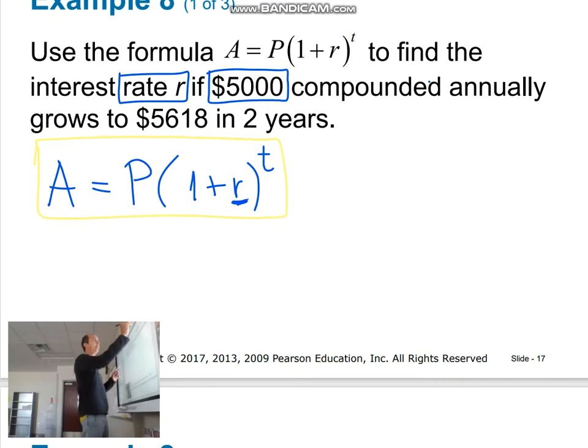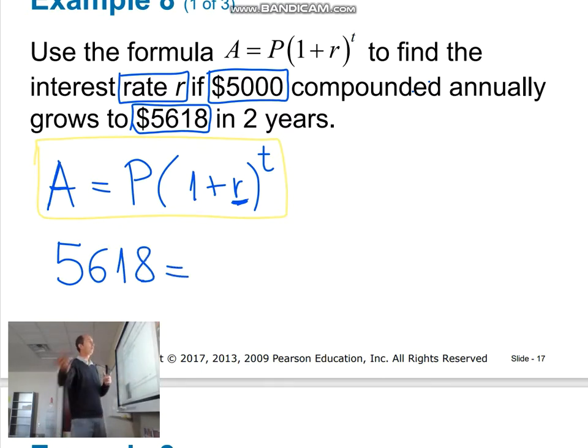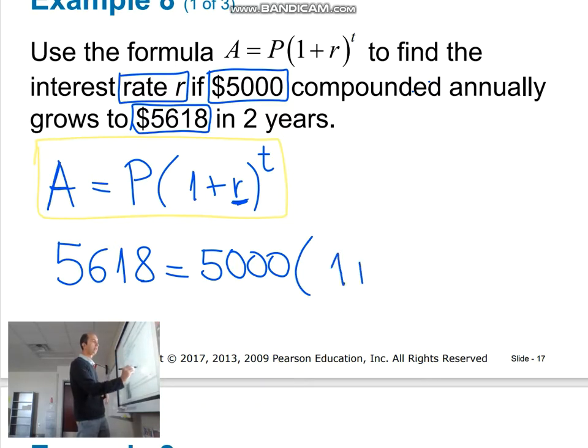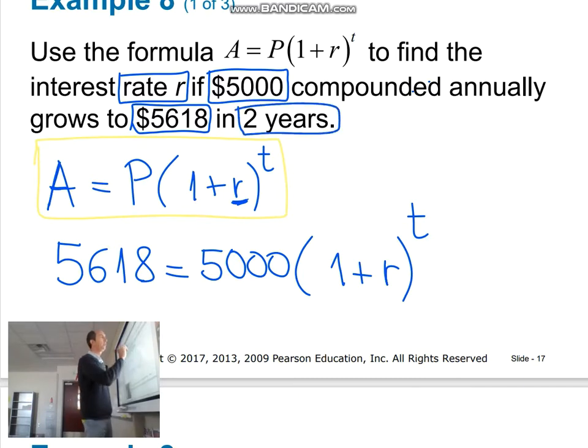Let's apply the numbers we know, because the amount after you got the interest is 5,618. The amount before, the money at the beginning, is 5,000, times 1 plus r, where we don't know r, we want to find r, and the exponent t. t is 2 years, which means t is 2.